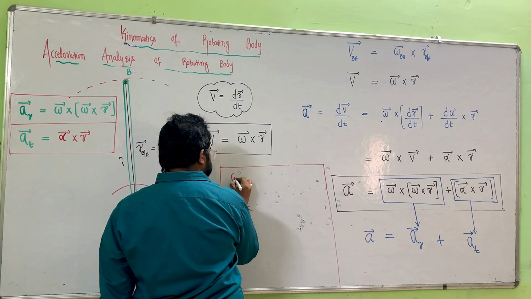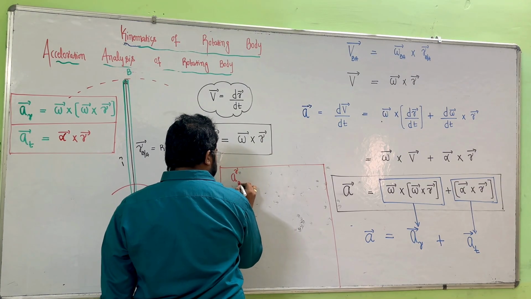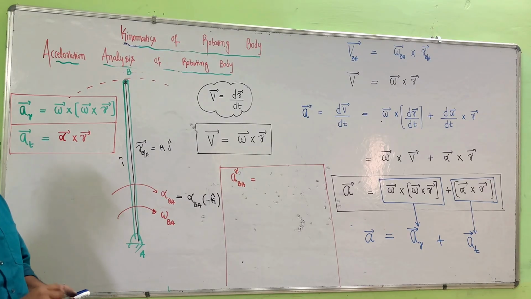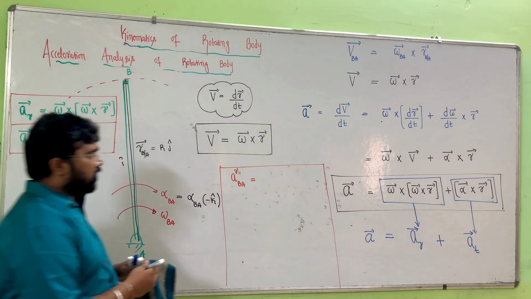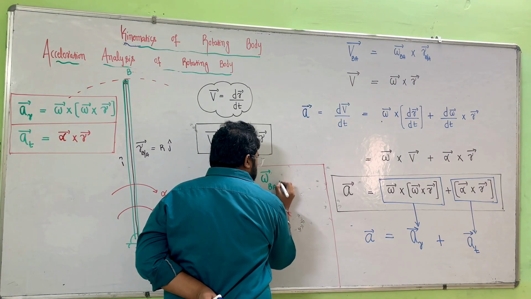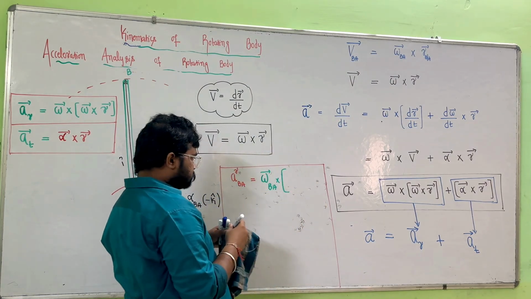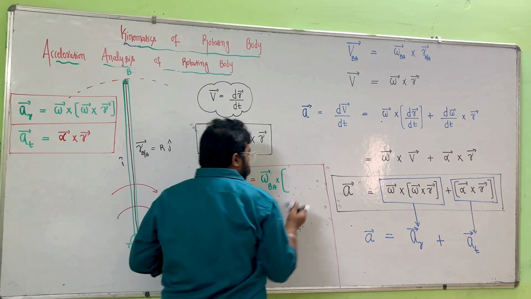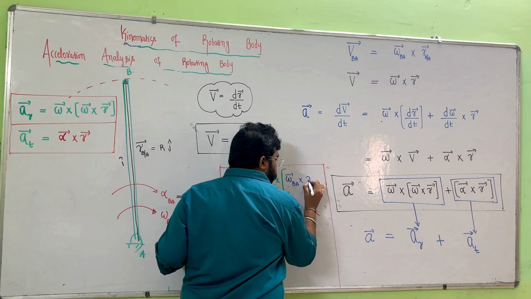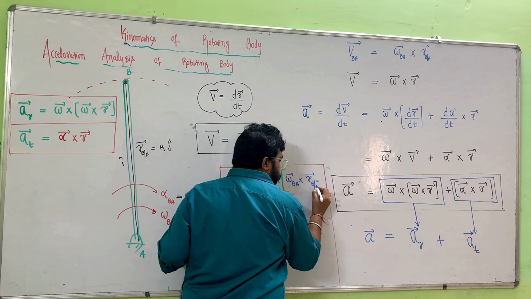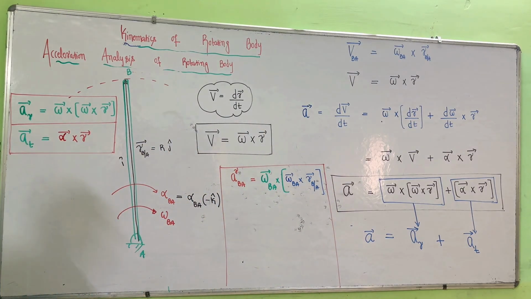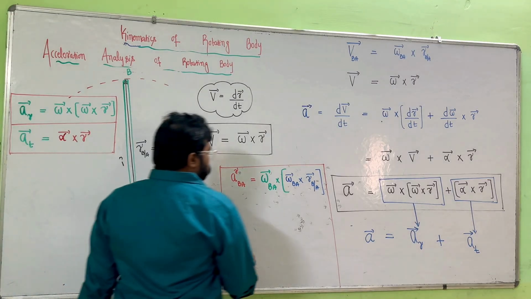Radial acceleration at point B with respect to point A is omega bar BA crossed with omega bar BA crossed with position of B with respect to point A. Then what will you get?